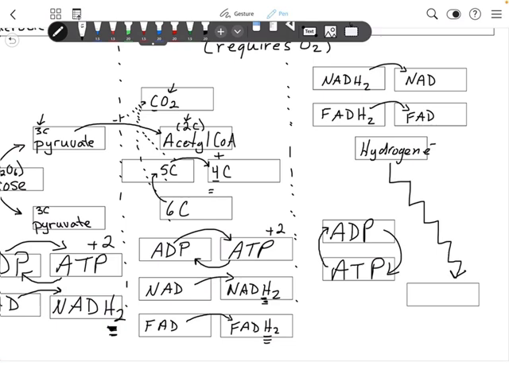Now, the nice thing is, this produces a net gain of 32 ATP molecules, way more than both the first and the second stage. And at the end, when you combine hydrogen and oxygen, because this is aerobic, we produce a good byproduct, water.